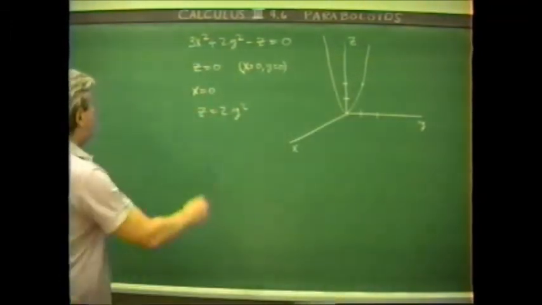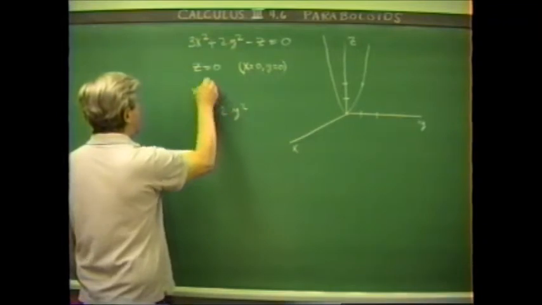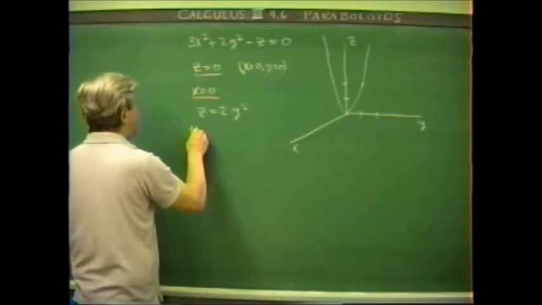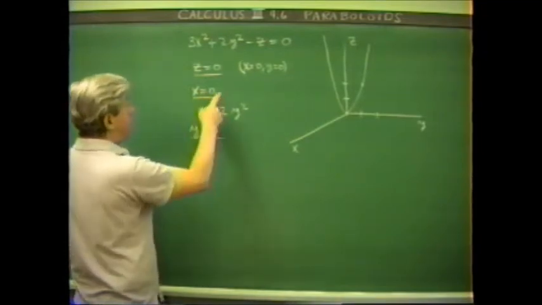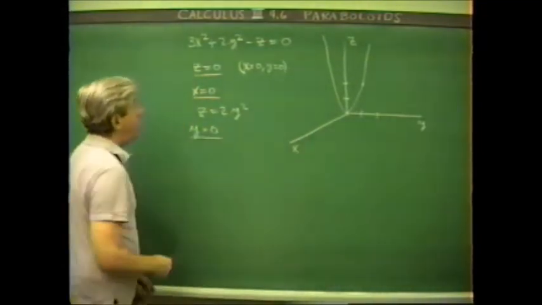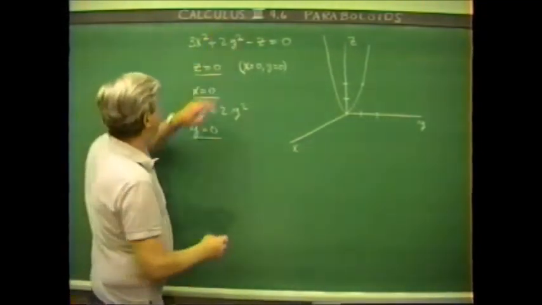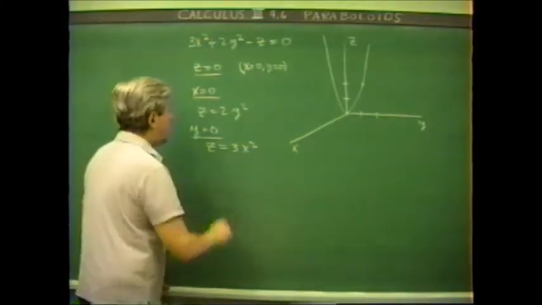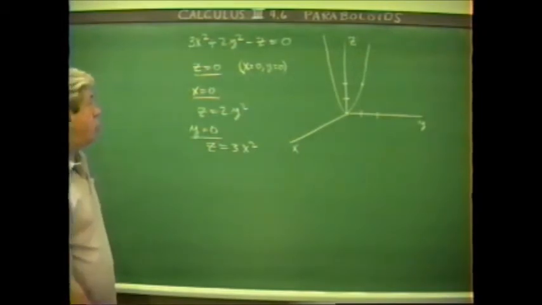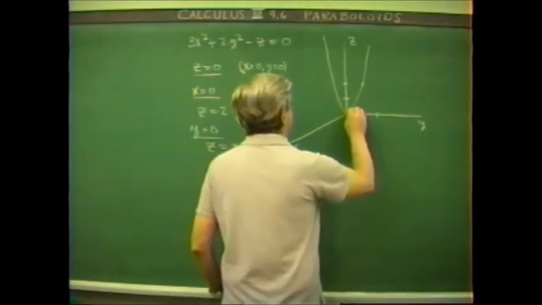If we look at y equal to 0, we're then considering the xz plane, and when y is equal to 0, we get z is equal to 3x squared. This is a parabola also opening upward. Looks something like this.